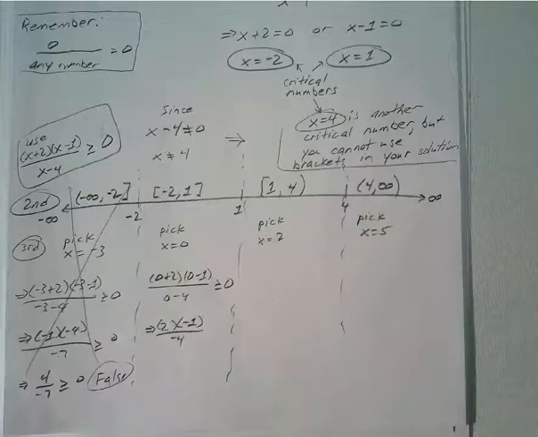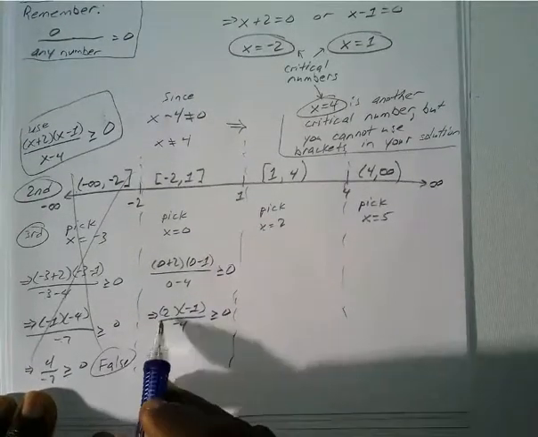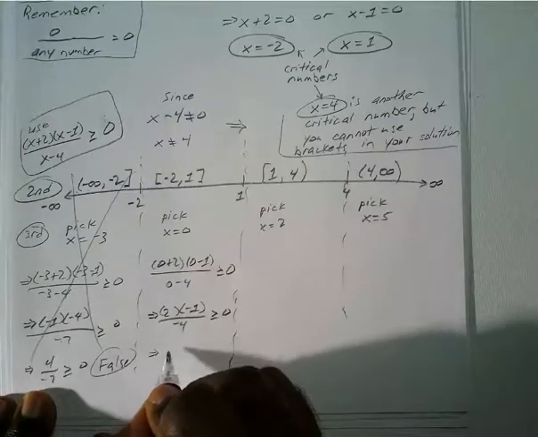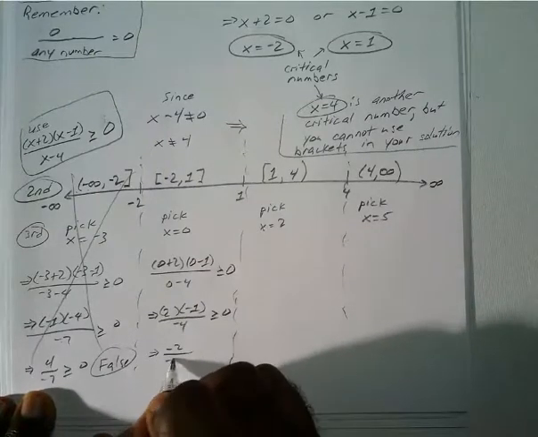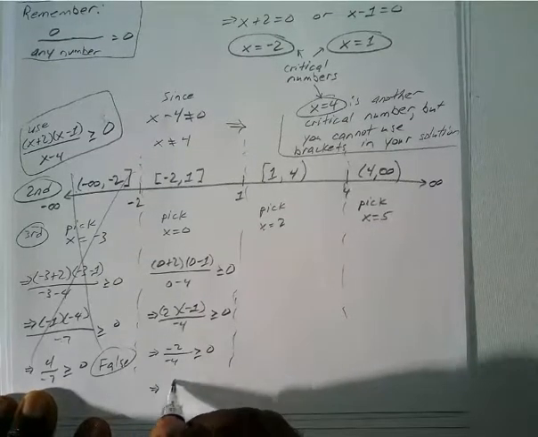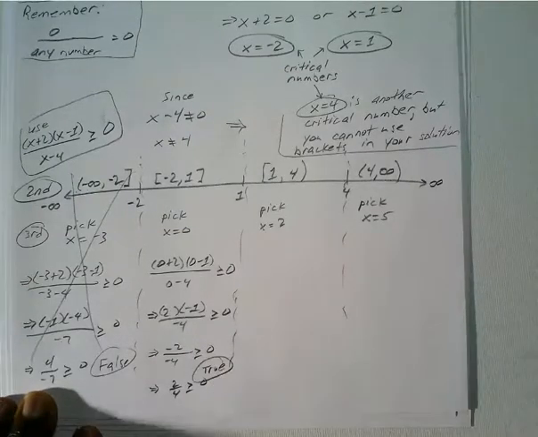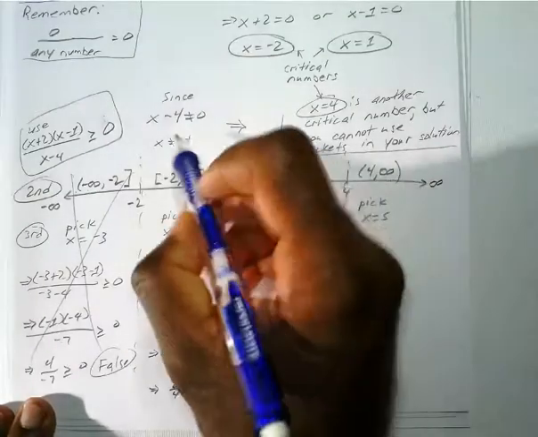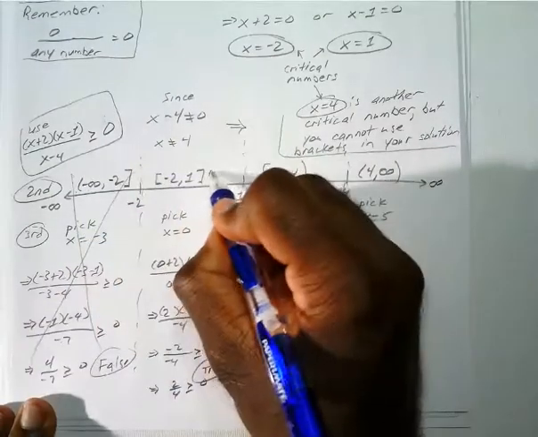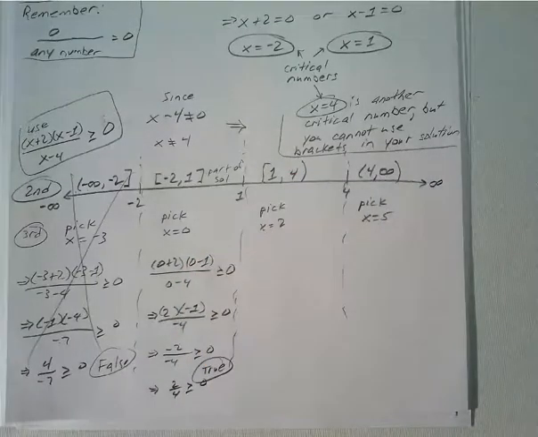And 0 minus 4 is negative 4. 2 times negative 1 is negative 2 over negative 4 is greater than or equal to 0. Negative divided by negative is positive. That's 2 over 4 is greater than or equal to 0, which is true. So this is part of our solution. We can figure that by just not crossing it out. You don't have to write part of solution if you don't want to.